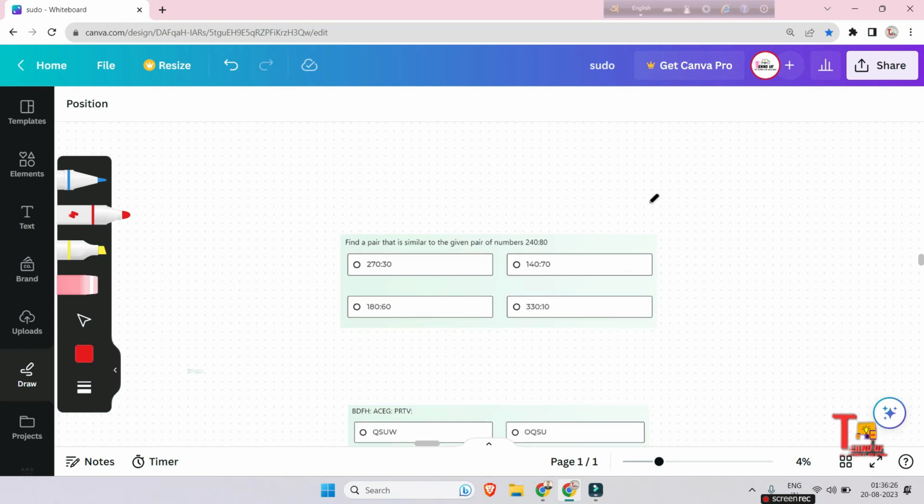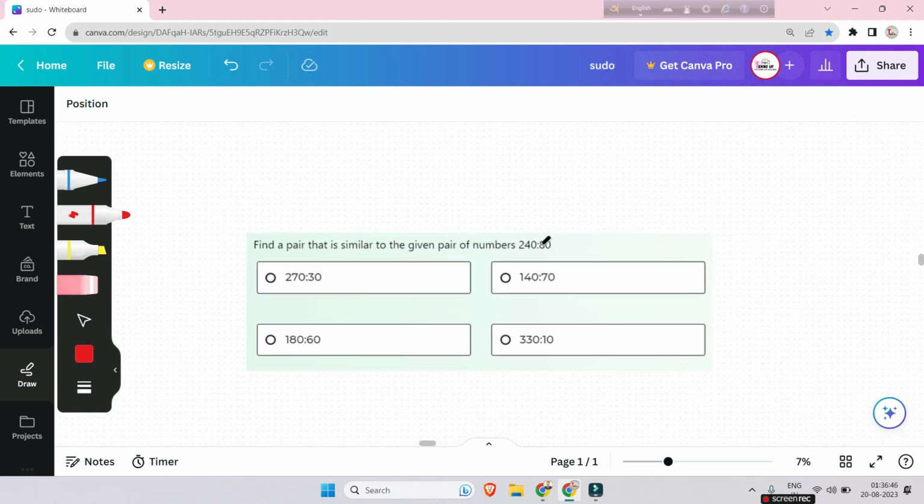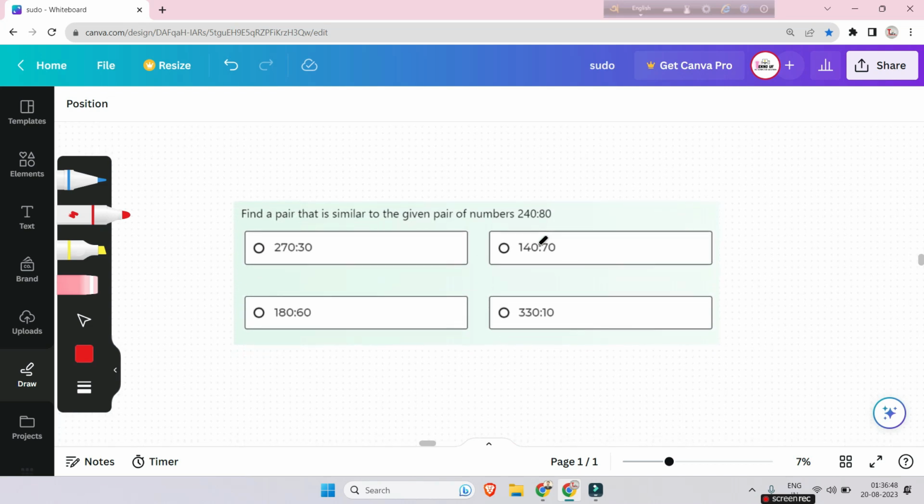So this is the first question, and let me tell you that analogy is a cognitive tool used to compare the relationship between pairs of things or concepts or ideas. So we have to determine what relationship they are maintaining. Let's check the relationship between them first, then try to solve the problem.